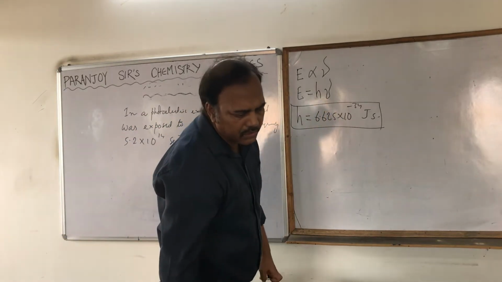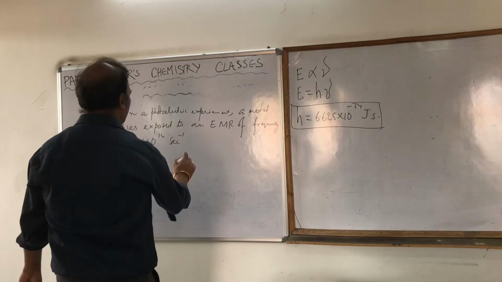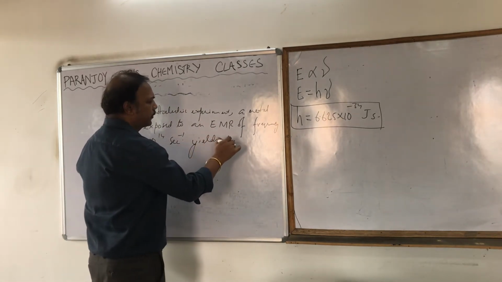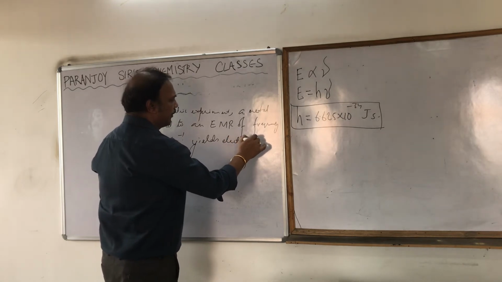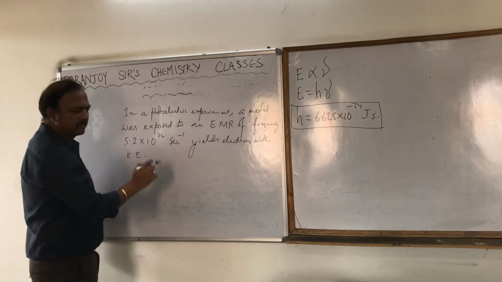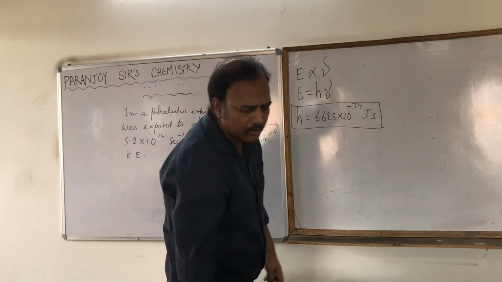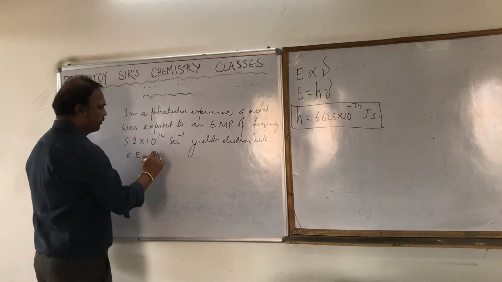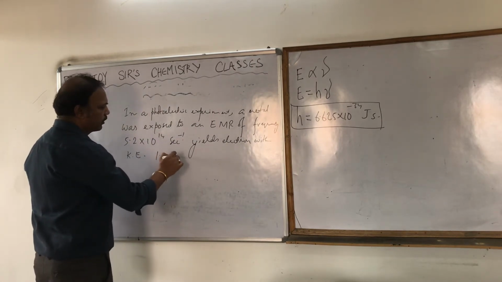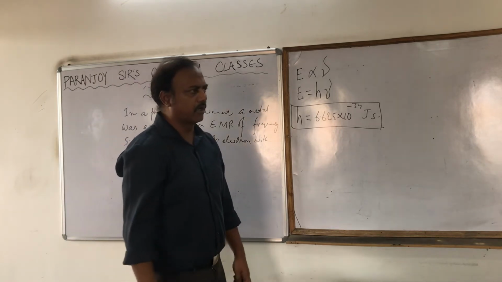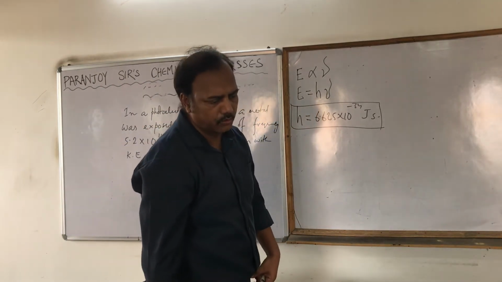It yields electron with kinetic energy 1.3 into 10 to the power minus 19 joule.